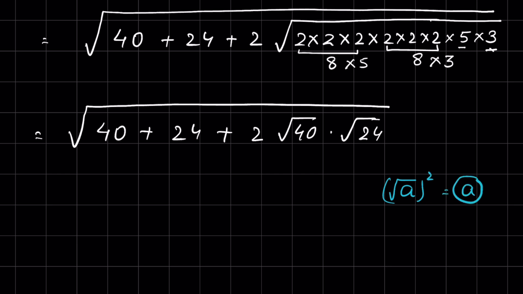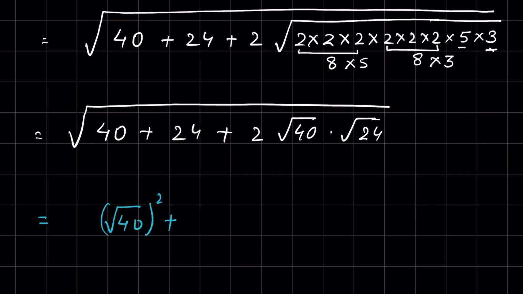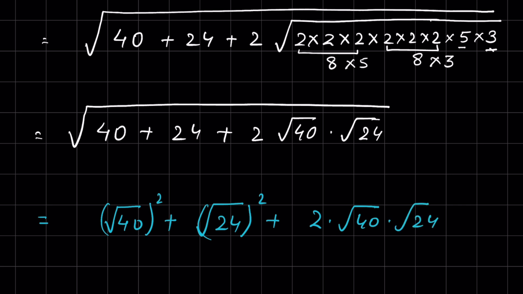So we can write a as square root of a square. So we can write 40 as square root of 40 square, plus 24 as square root of 24 square, plus 2 times square root of 40 times square root of 24, then all under square root.